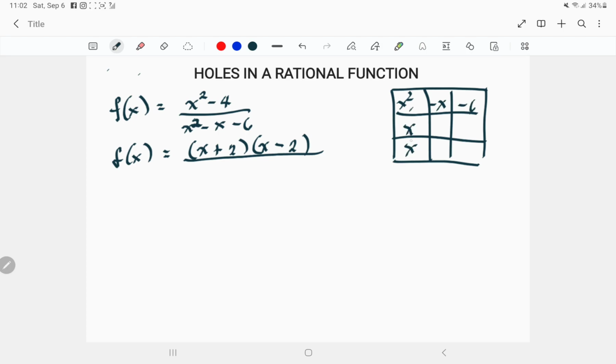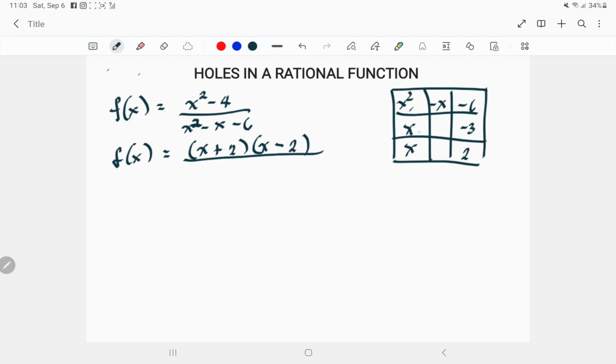You have there x and x. What are the factors of negative 6? That would be negative 3 times 2 or 3 times negative 2. But your middle term is a negative 1. Therefore, the negative will be carried by the larger absolute value, that would be negative 3. So we say negative 3 multiplied by 2.